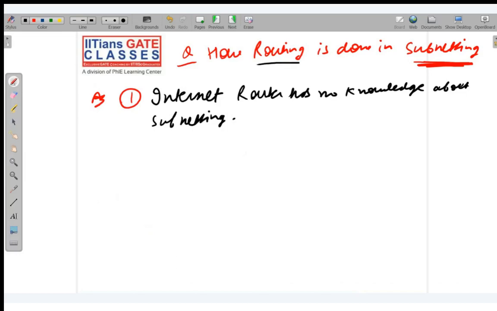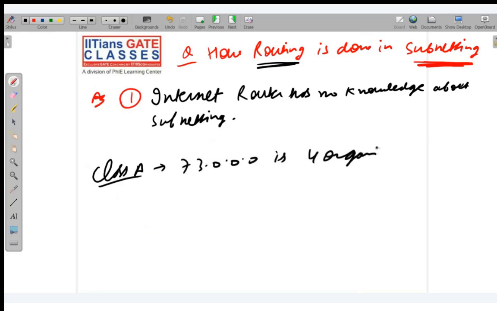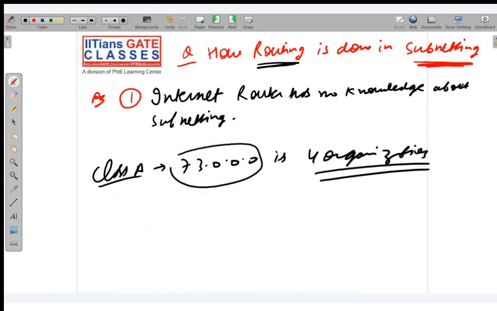So now how will routing be done? Indirectly, what I want to say is, if a class A block, say 73.0.0.0, is distributed among roughly 4 organizations, each and every internet router will have only one entry, that is this only. The internet router will not make these four different entries.